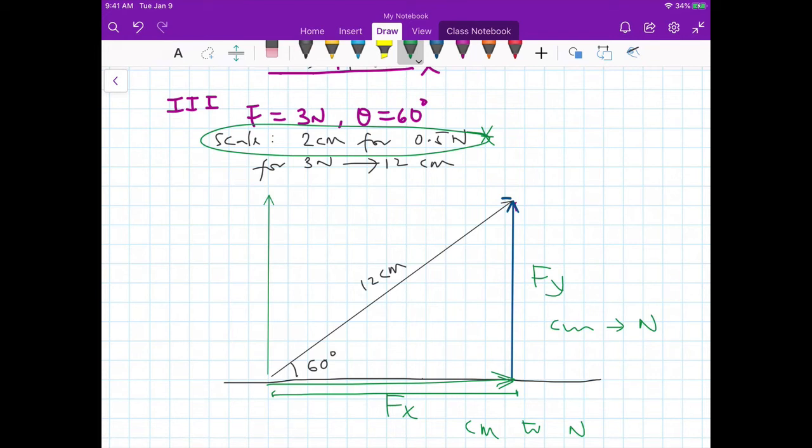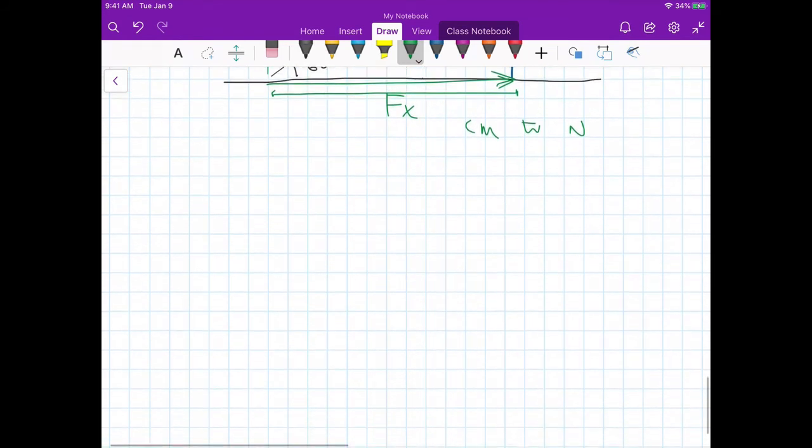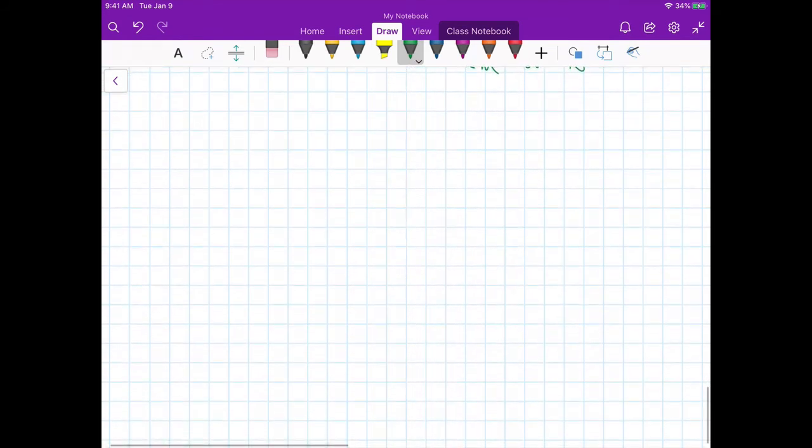Now let's get back to the experimental method. Using the experimental method, if it was in a lab, what we would do is set up the lab and then do everything using a force table. There are lots of force table videos.